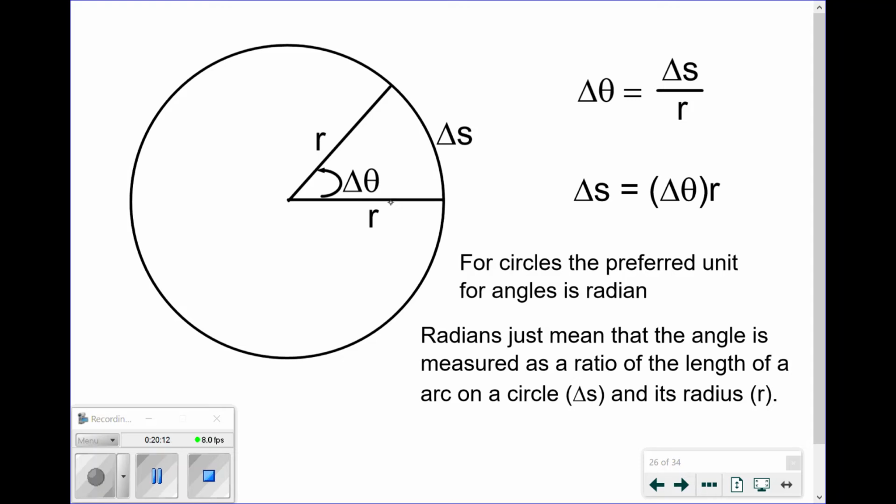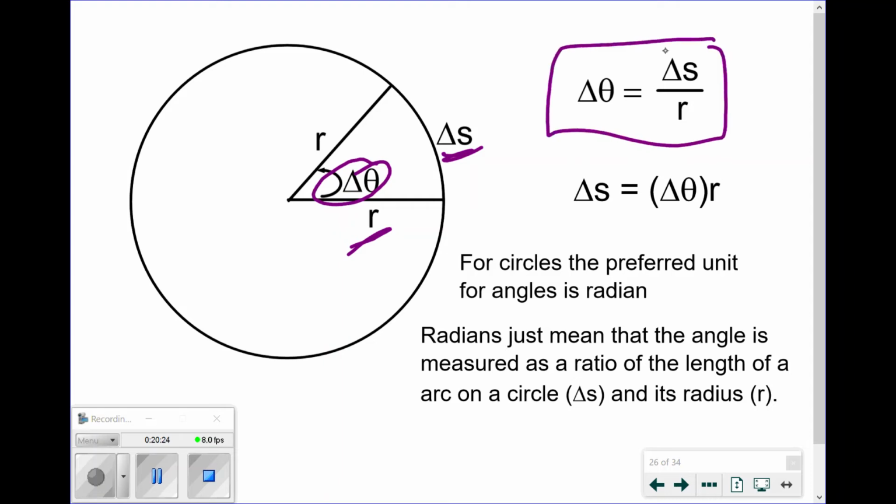Because again, it's going to be more about the application. So we can easily say that this theta must be a ratio of this arc length and this radius. And that's all we're saying. This theta is a ratio of my two sides of my pizza slice. Often we're more interested in this delta S, the arc of the circle, so we rewrite it as delta S equals delta theta R, but it's really the same ratio as before.